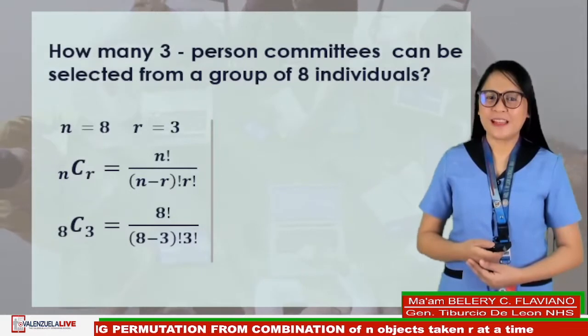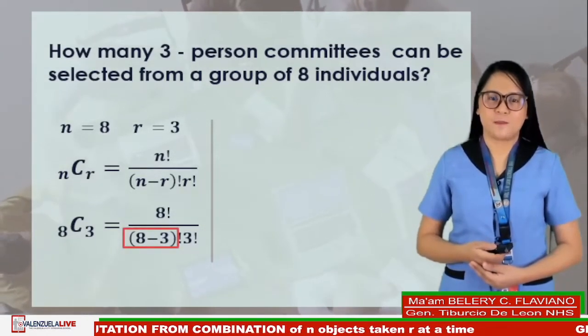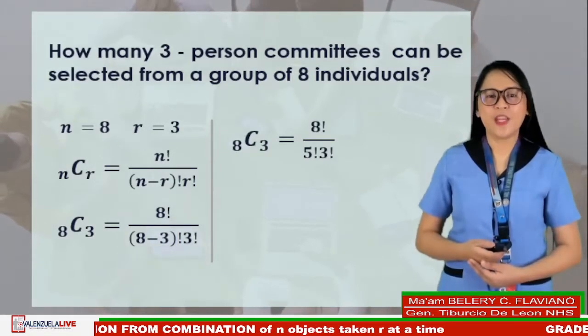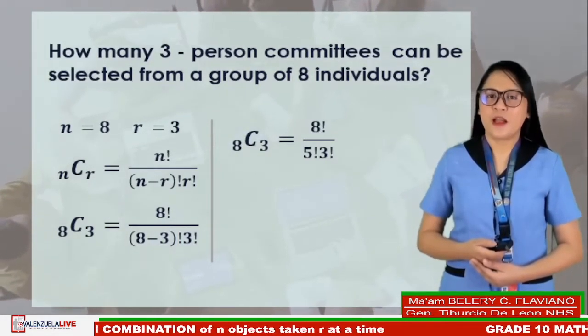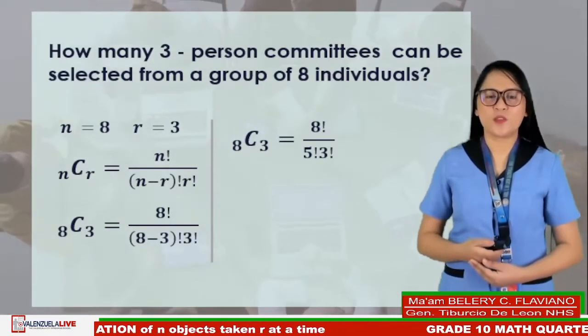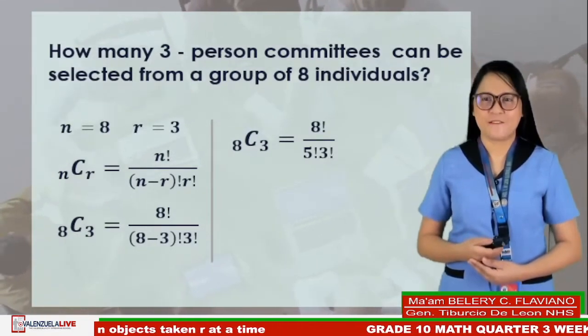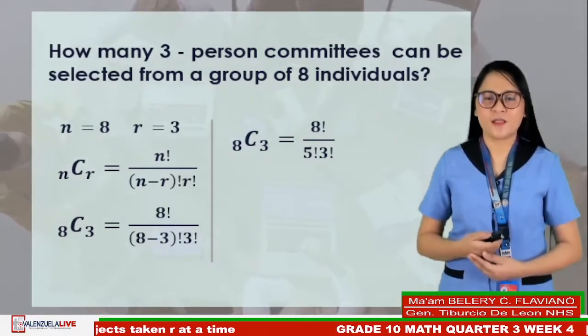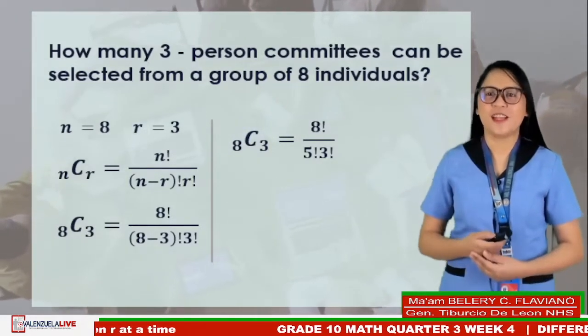Don't forget to simplify the grouping symbol. That is 8 minus 3. Now we will have 8 choose 3 equals 8 factorial over 5 factorial times 3 factorial. Of course, we are going to expand it. Expand the numerator up to 5 factorial, because we have to divide out the 5 factorial on the denominator.